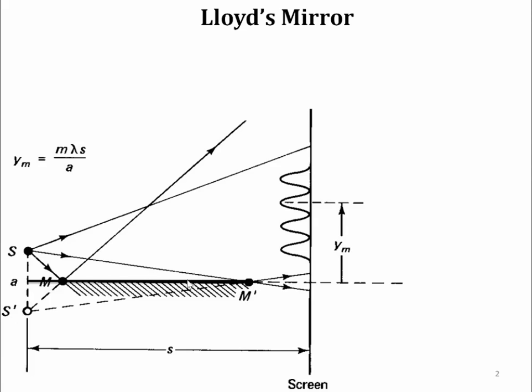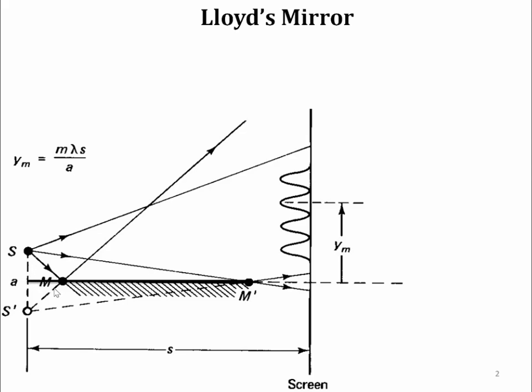This mirror is perpendicular to the plane in which this whole diagram has been drawn. Then we draw a line which is a perpendicular from the source onto the plane containing the mirror, and that is this line.